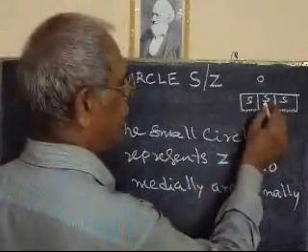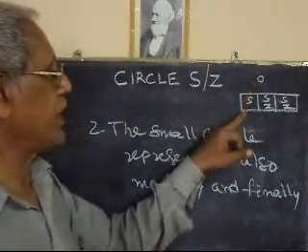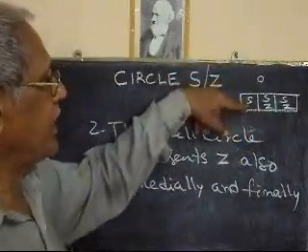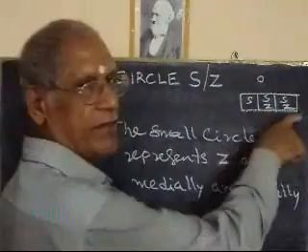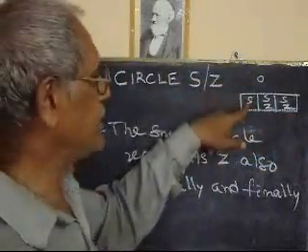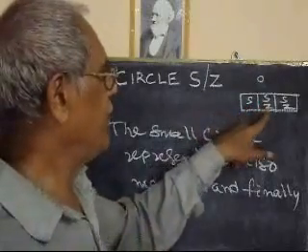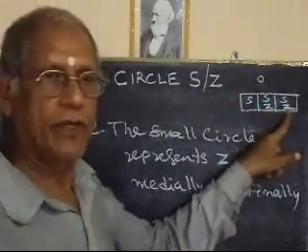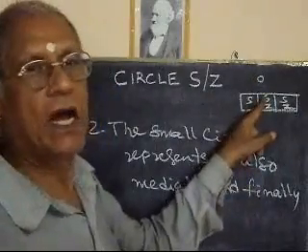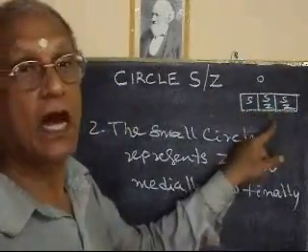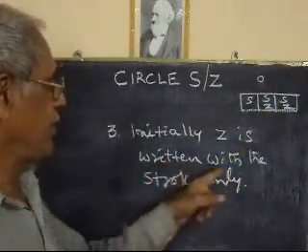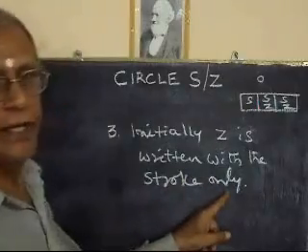That means initially the small circle represents S only. Medially and finally the small circle represents S or Z. Initially Z is written with the stroke only.